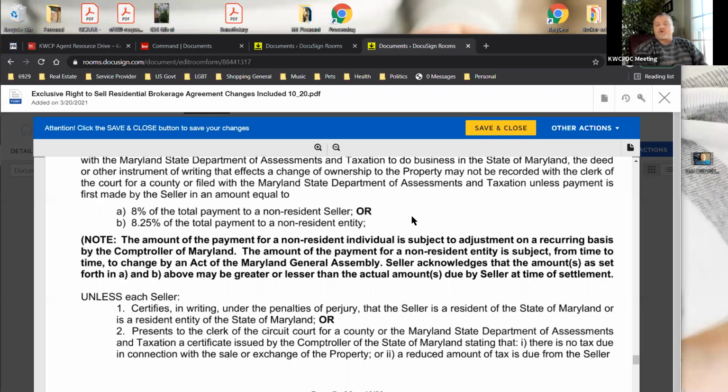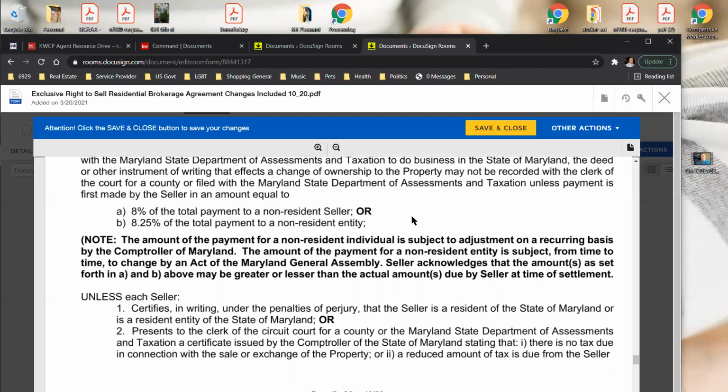I believe the rule is if they have not lived in the property within the last year, then they have to pay the tax. And it doesn't really matter if they've been renting it or not. If they have not lived in the state of Maryland for the last year, then they must pay the tax.